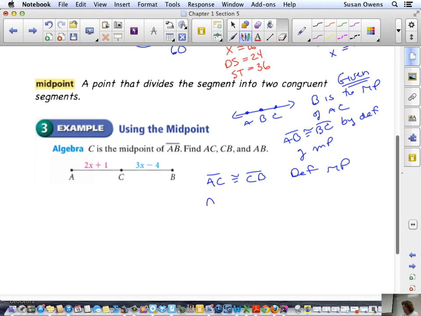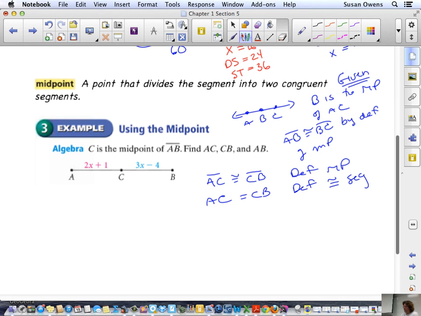I'm going to say that AC equals CB, definition of congruence. If 2 segments are congruent, then their measures are equal.